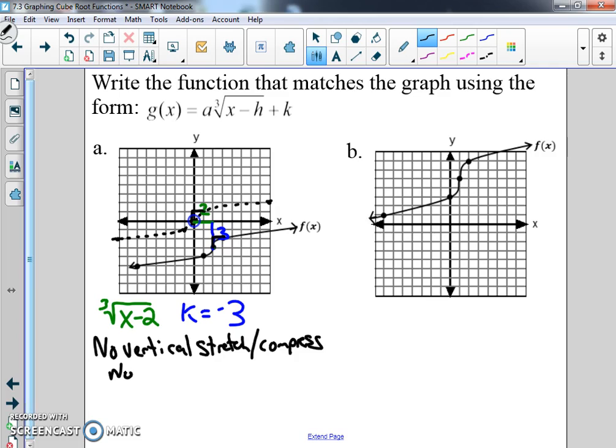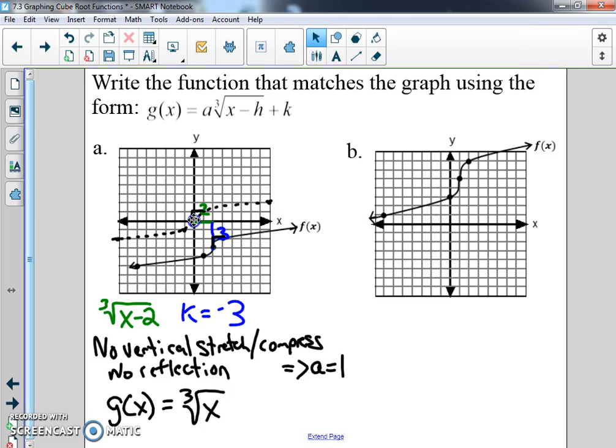There's no reflection. So therefore, a is equal to 1. With that in mind, my function g of x is just equal to the cube root of x minus 2, minus 3.